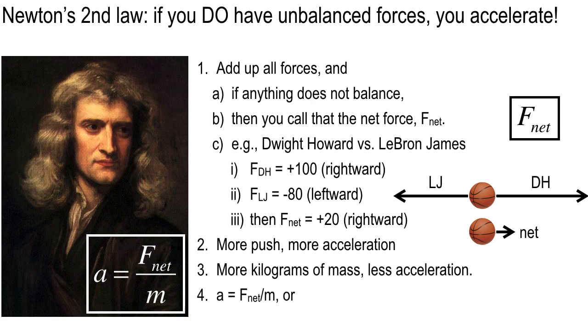And so the numerator is the push or pull from the net force. Now, if that's 0, you don't get any acceleration. All right? So that's LeBron James and Dwight Howard with equal pulls to the left and to the right. You know, they battle it out, no acceleration. But as soon as that becomes either a negative number to the left or a positive number to the right, you're going to get some acceleration.